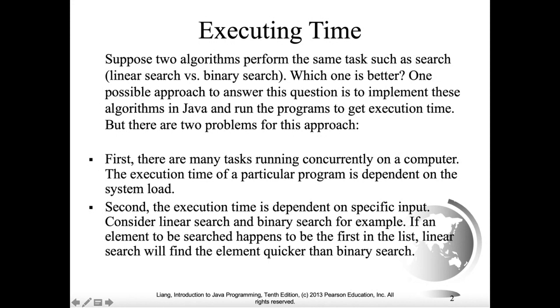So just by running an algorithm on two different machines and seeing how fast the execution is going to be, it's not going to be a very reliable way to compare the algorithms with each other.